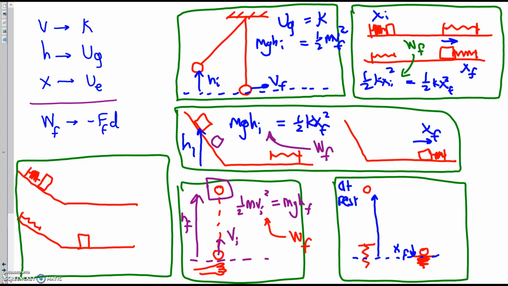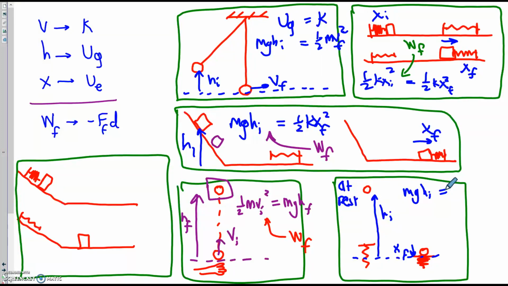Okay, so then at the end, what kind of energy do we have? Well, it's not moving because it's done compressing the spring. So there's no speed, there's no height because we reached that bottom level that we just marked with dotted lines. And we do have compression. So let's say there's x final. We're converting the energy for height, that's mgh, what we start with on the left side.